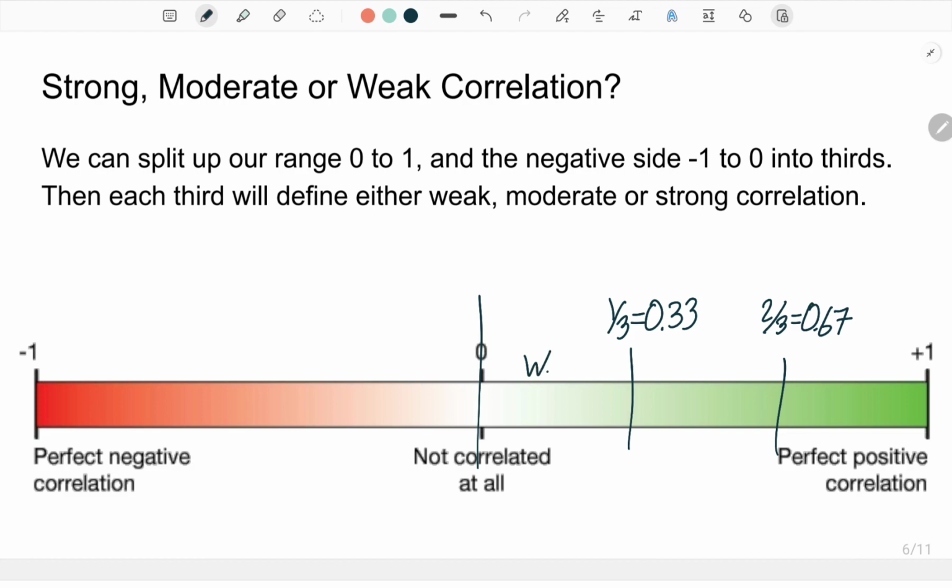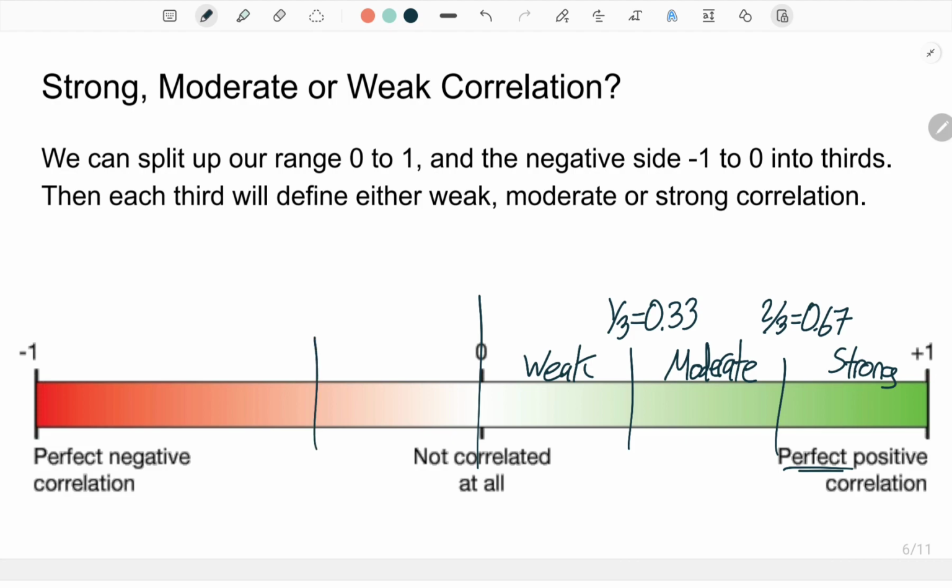So if I'm very close to 0, that's weak. If I'm in the middle, between 0.33 and 0.66 or 0.67, that would be moderate. And if I'm really close to 1, that's strong. If you're exactly 1, that's when you get the perfect positive correlation. Same thing on the left side.